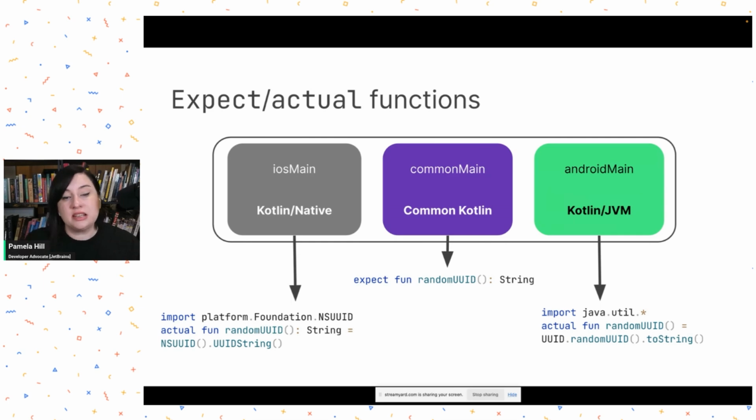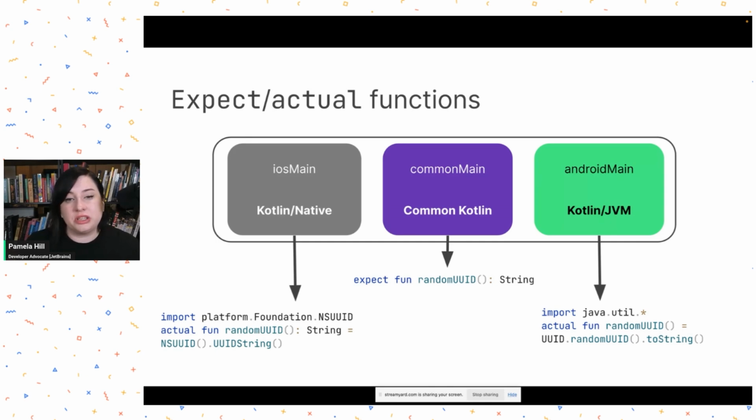So in common main, we have to declare our expect functions, and that is the declarations that we expect to see in the Android main and the iOS main, the platform specific source sets that we've defined.